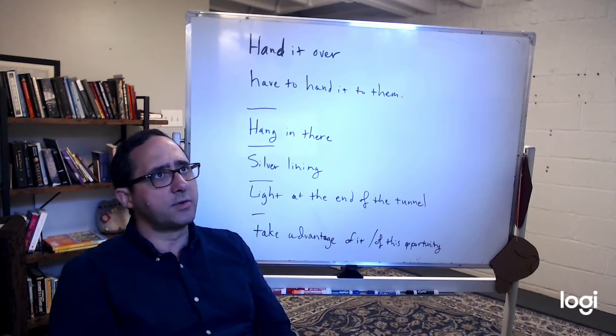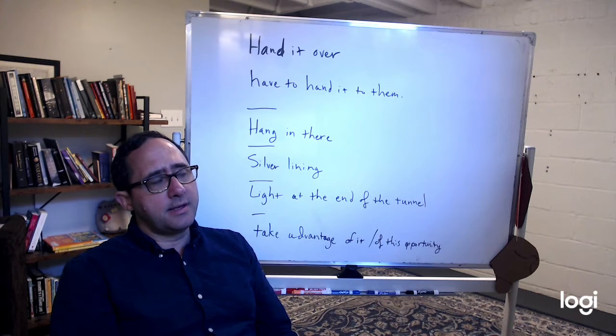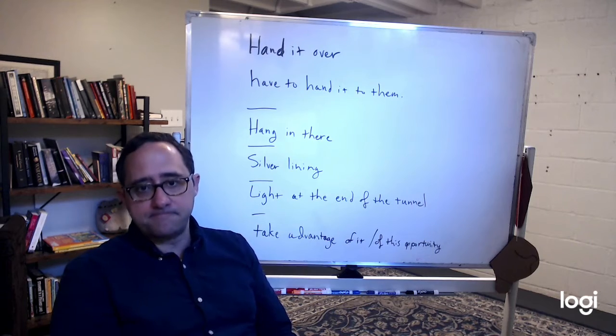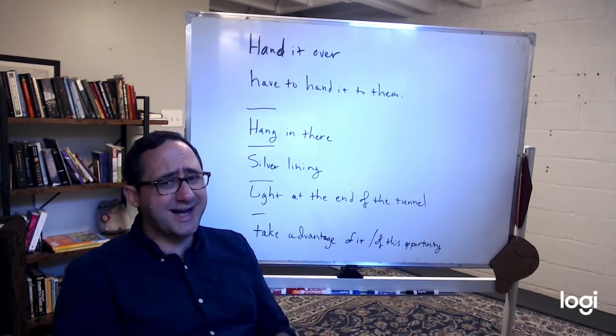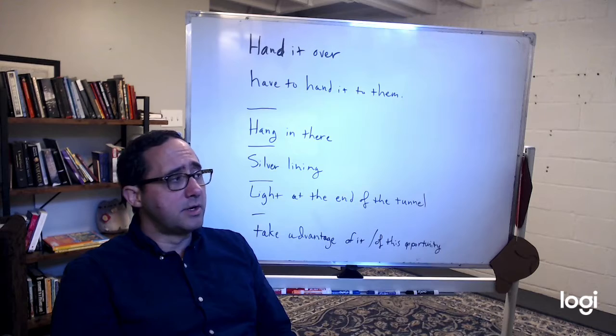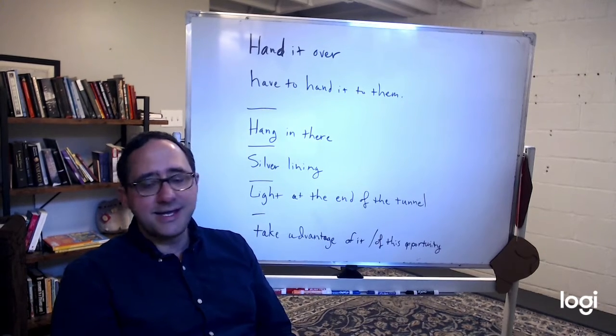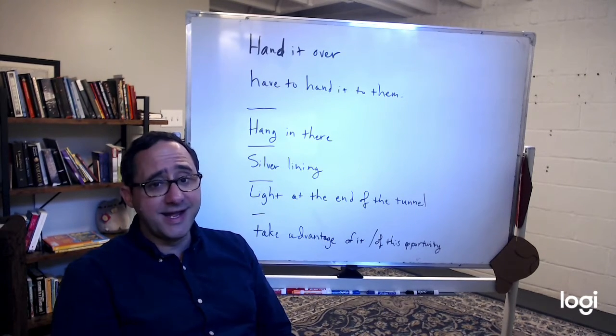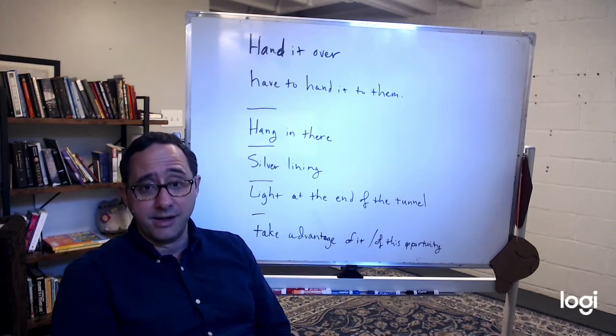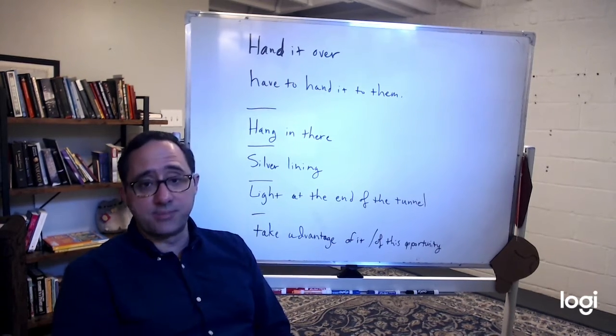Okay, let's try another one. Oh, you're playing a sport, okay? And there's a guy, he's not that good. You know, you say, "Man, that guy, he can barely play this." But you know, I have to hand it to him. He works really hard. He's always here at practice.